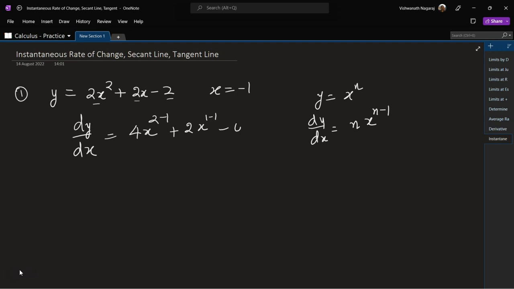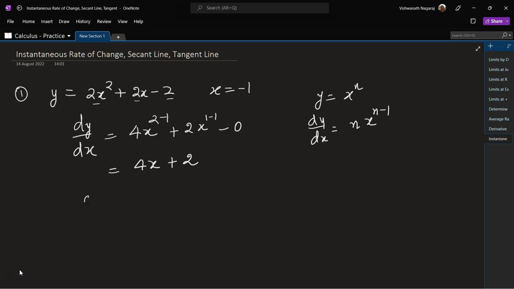And this would be 0. So this would be 4x plus 2. So this is the equation of the slope of the given curve at any given point for x.